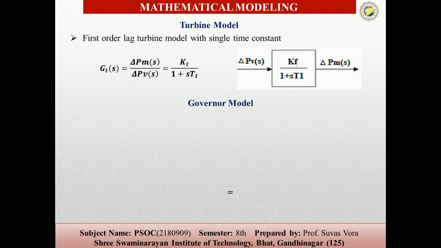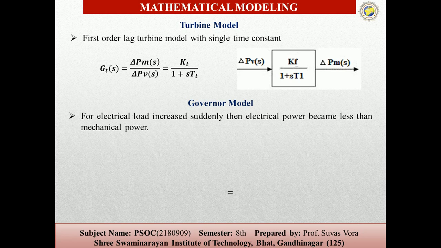Now the governor model. On the same basis, the governor system model can be seen. When the electrical load increases suddenly, the electrical power becomes less than the mechanical power.